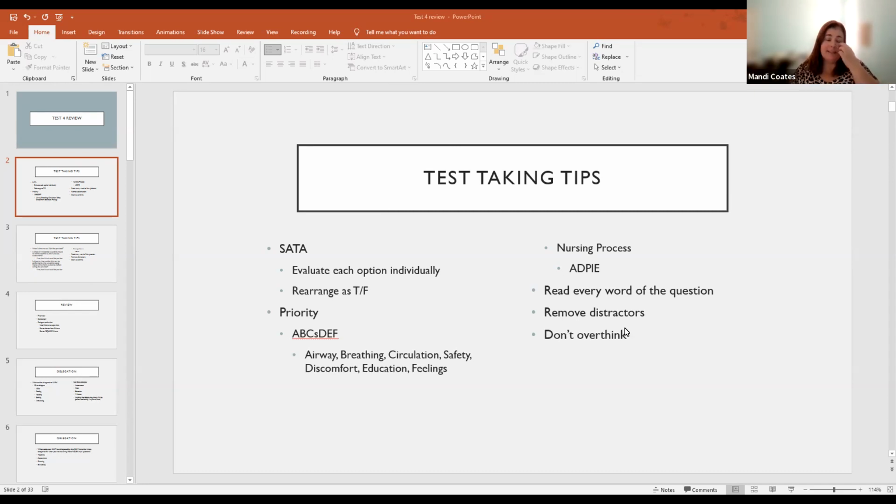Thinking about the nursing process, remember, if you have enough information in the question to determine what's going on with your patient, then go on into an intervention or something else. You don't have to continue to assess. Remember ADPIE: assess, diagnose, plan, intervene, and evaluate.